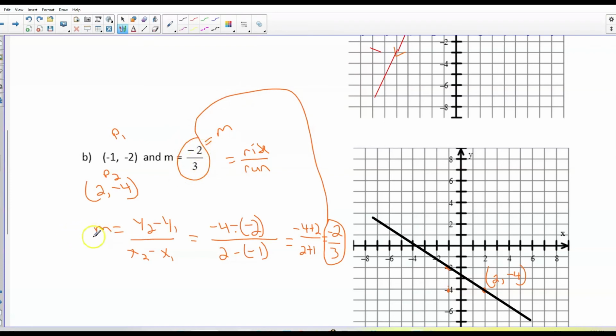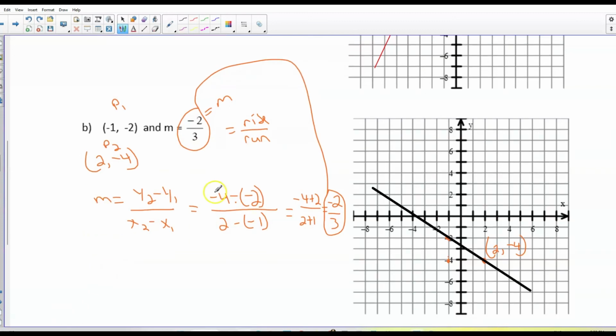Something to think about again with negative slopes. We have to think back to equivalent fractions too, right? I'm going to change colors just so you know that it stands out a little bit, because this is pretty important. -2 over 3 is the same as 2 over -3.